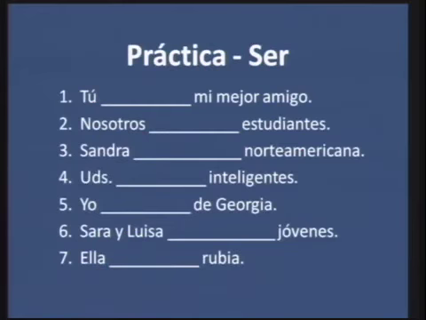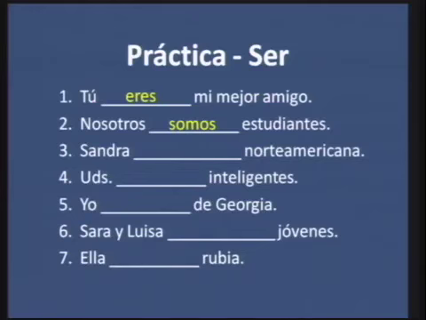Número uno, number 1. Tú, and then you have to fit in the correct form of the verb. You are my best friend, mi mejor amigo. Do you know which form it would be? Tú eres mi mejor amigo. Nosotros, we are students, estudiantes. Somos, nosotros somos estudiantes.